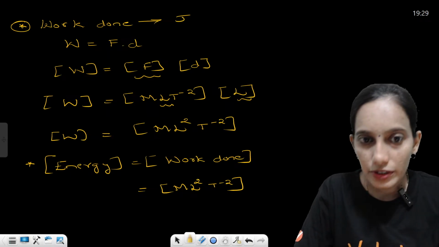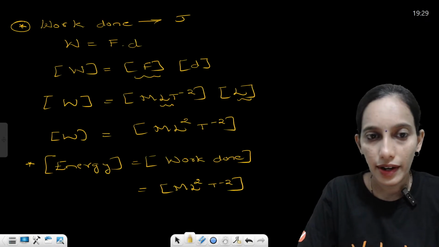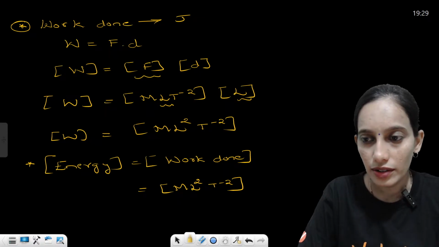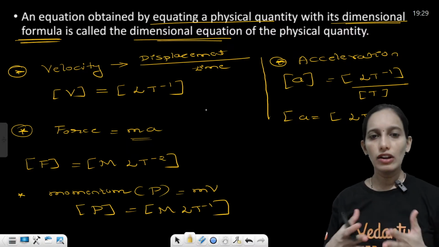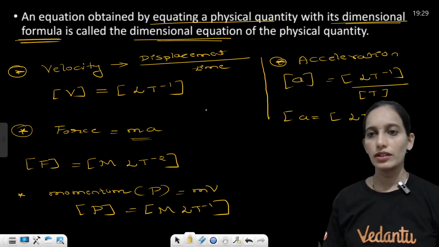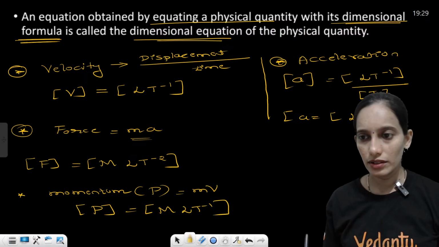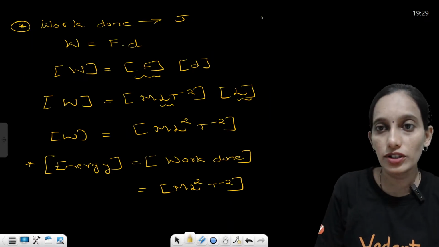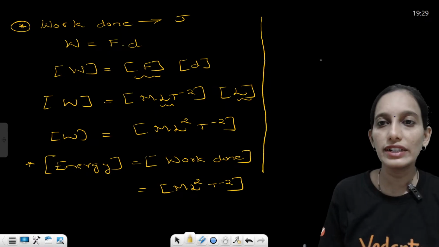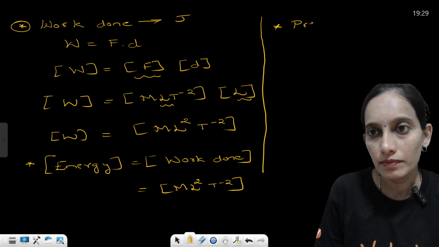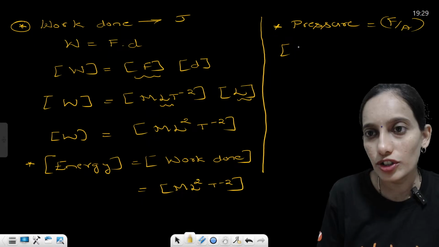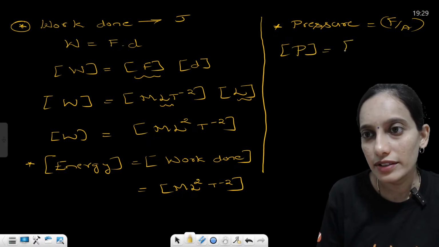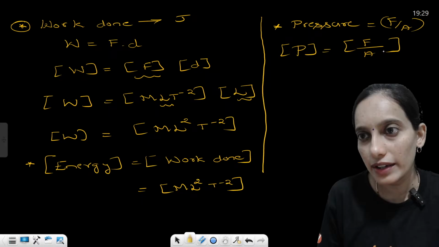Yeah, so next is, after energy, work done, force we did. These are all quantities which we'll be using now and then: velocity, momentum, acceleration, and then one more quantity, that is pressure. Pressure is force by area. So the dimension of pressure is the dimension of force by area.